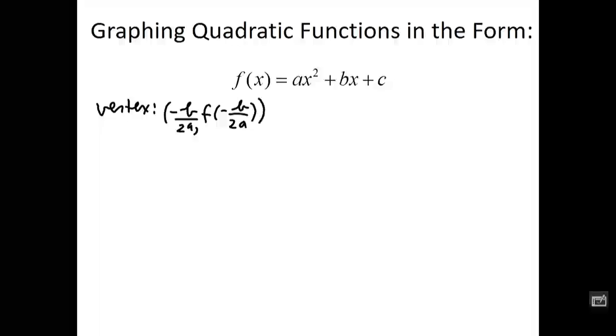So if the quadratic function is expressed in the form ax squared plus bx plus c, the coordinates of the vertex are negative b over 2a and f of negative b over 2a. In other words, the y-coordinate is obtained by evaluating the function f at minus b over 2a.